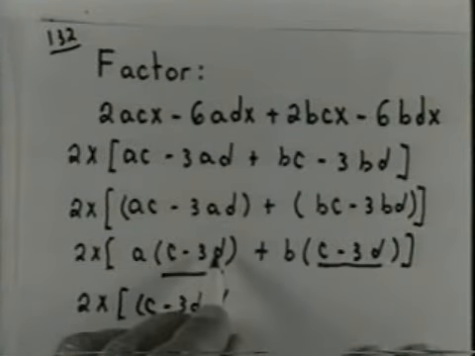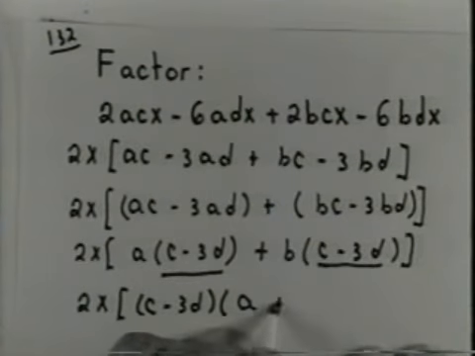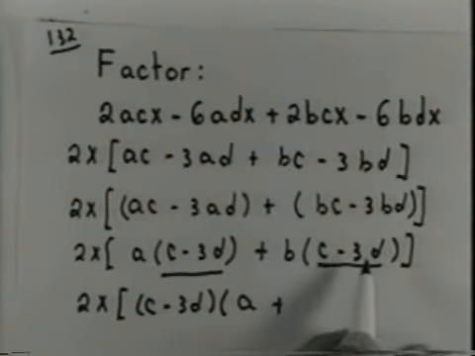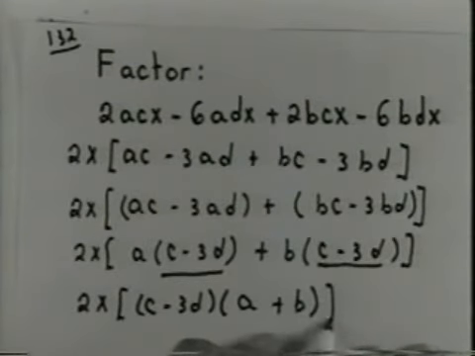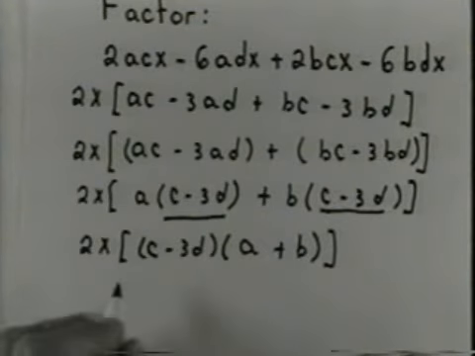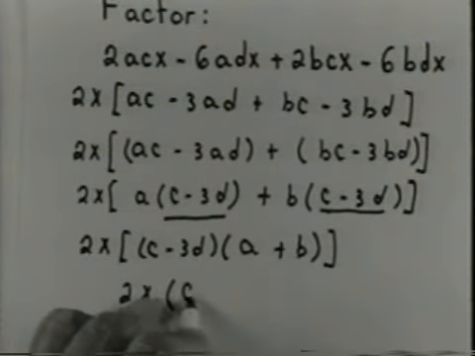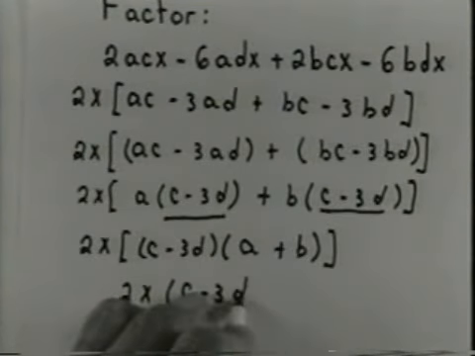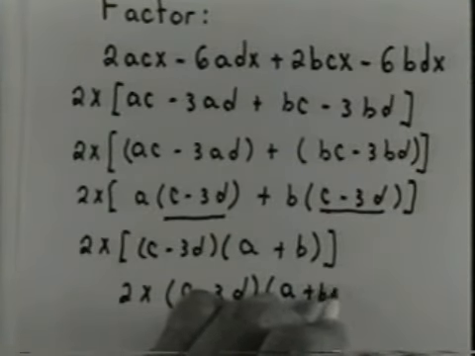If I take c minus 3d from this term, divide out c minus 3d, I'm left with a. If I divide c minus 3d from the second term, I'm left with b. I can drop the brackets since it all means to multiply, and I can write it as 2x times c minus 3d times a plus b.